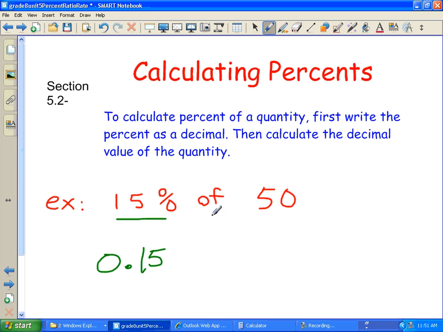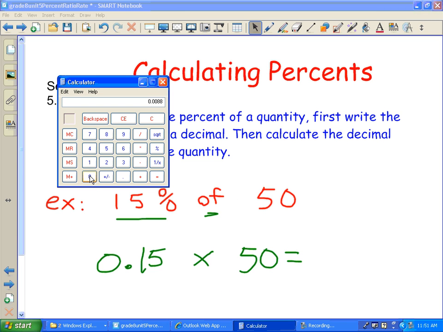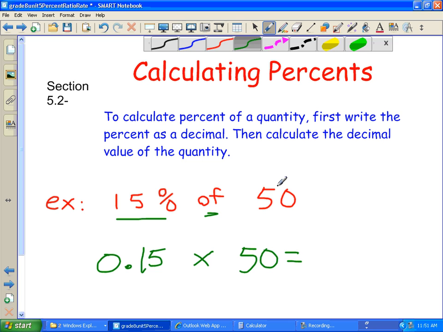And if we're going to say 15% of 50, then of would be multiplication. So 0.15 times 50, and if you work that one out using a calculator, your answer is going to be 7.5.